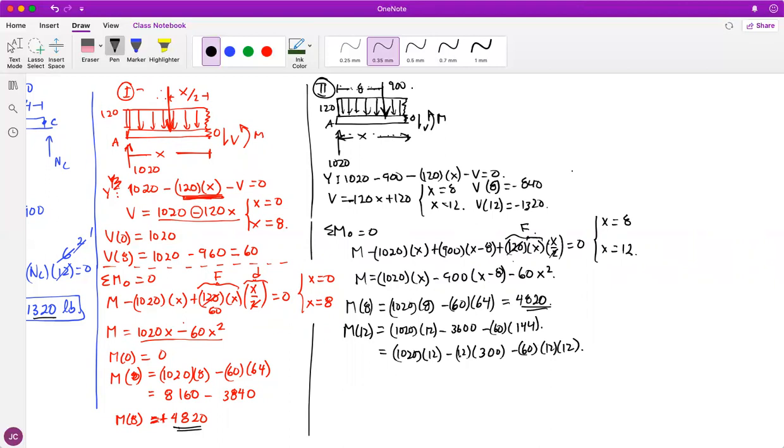So what I will have over here, I think I got it. Look, I just have as a common factor the 12. So the 12 is gonna multiply the 1020 minus the 300 minus the 60 times the 12, okay?